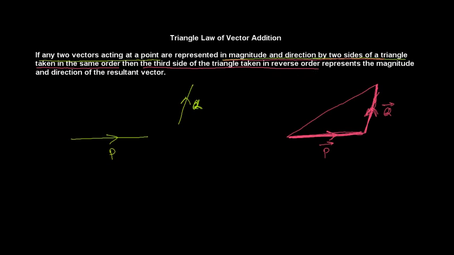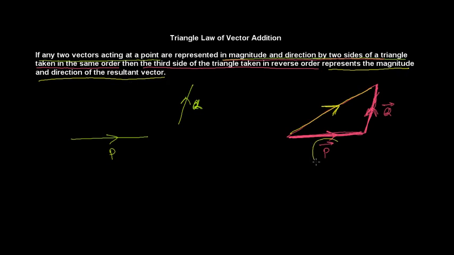If I take the same order it goes like this, but in reverse order it goes like this. So the third side, taken in reverse order, represents the magnitude and the direction of the resultant vector.